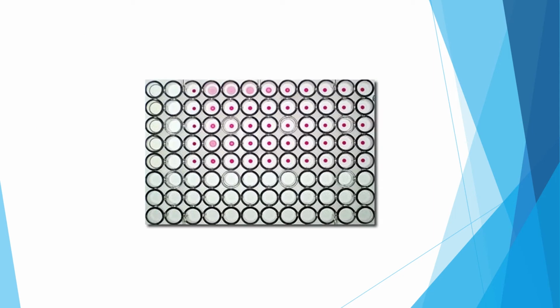So here is a picture of the TPPA test, and what we've done here is we have made serial dilutions in each row of our control and our patients, okay? So every row indicates either a patient or a control. A tight button that's observable indicates a negative test, while a flat mat indicates a positive test.